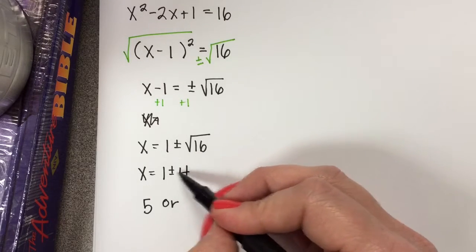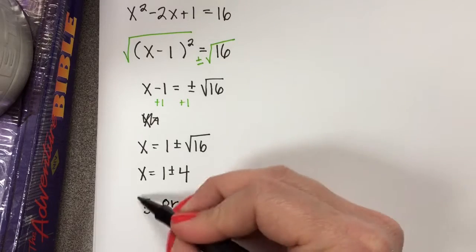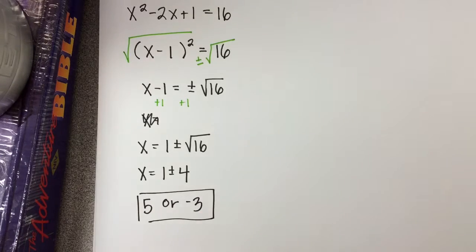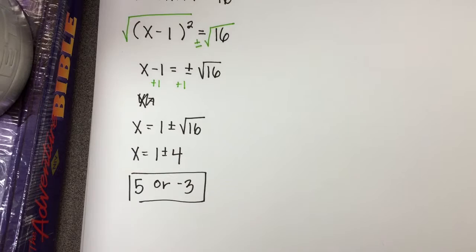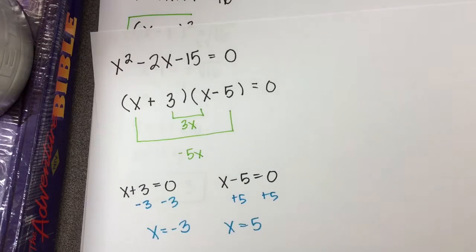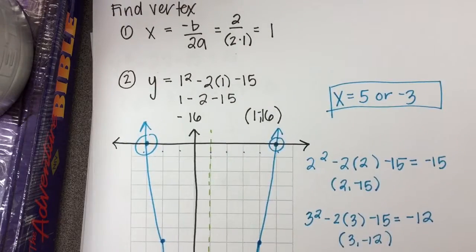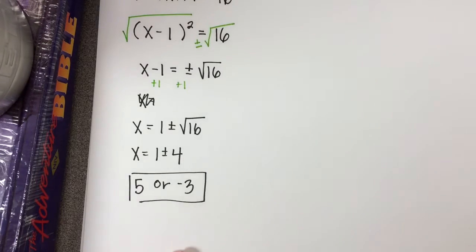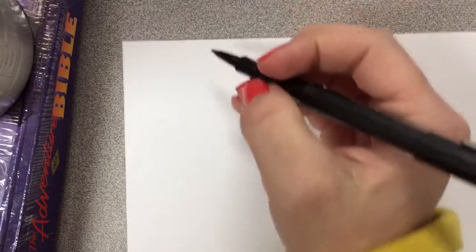If I did 1 minus 4, that's negative 3. So look, again, it's 5 or negative 3, which is exactly what we got here when we factored and here when we graphed.